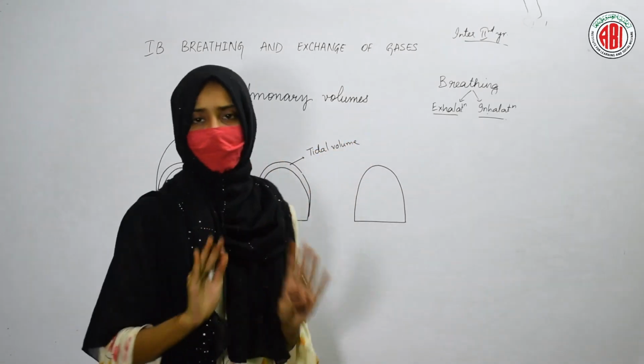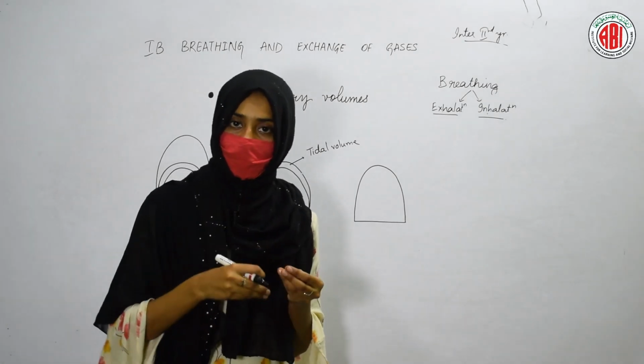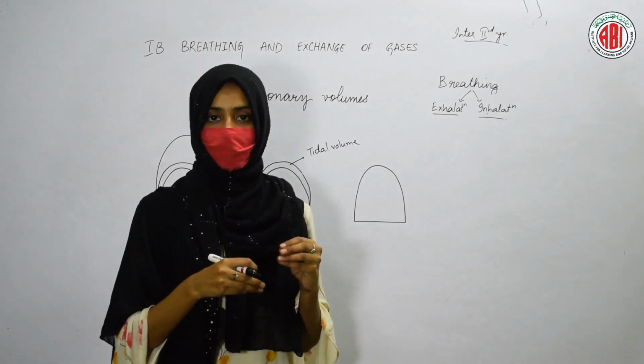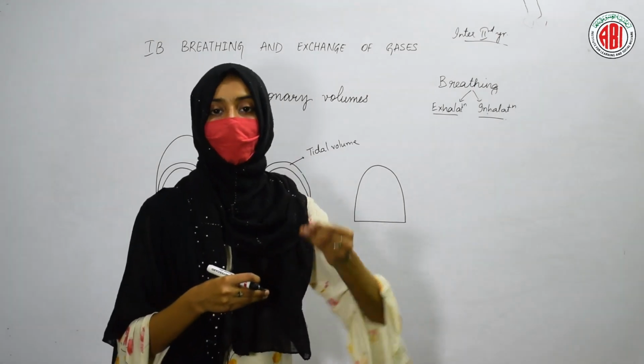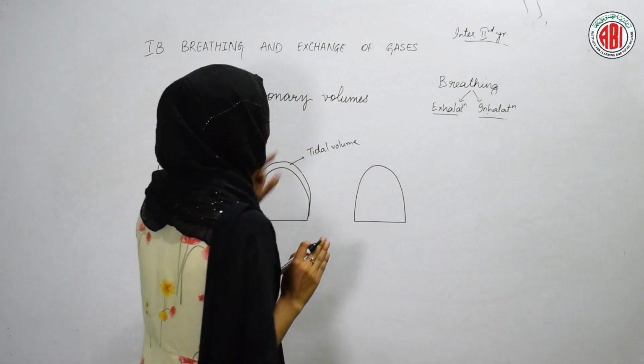Tidal volume is nothing but the volume of air we take in during normal inspiration and the volume of air we give out during normal expiration. That volume of air is called tidal volume.